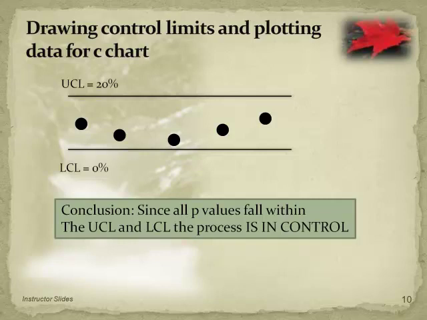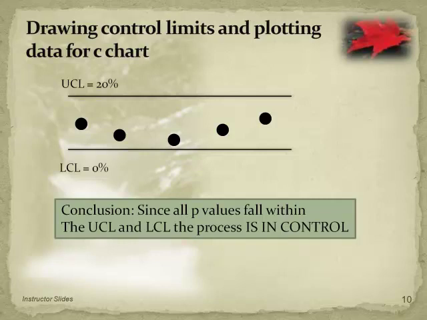For the range chart, the data that I plotted was range data. Now I'm at a p chart. The data that I'm going to plot here is going to be the p data. So on Monday, the percent defective was 12%, and for Tuesday it was 6%. So that is the data that I'm going to plot.